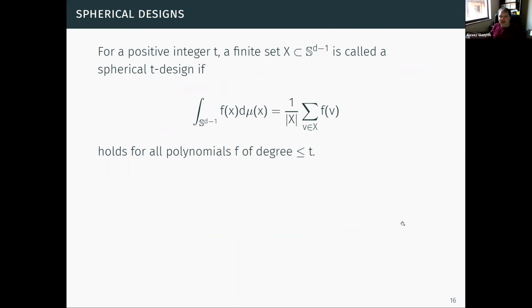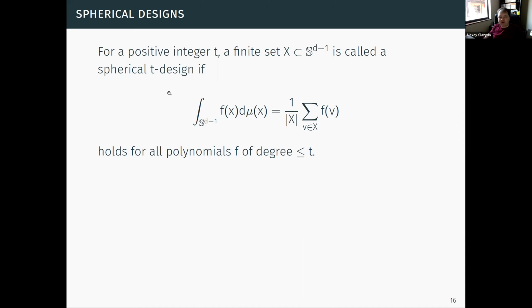So I would like to define spherical designs for that. A spherical design is a finite set of points, so that when you integrate all polynomials of degree no greater than t over the sphere, you get the same as if you average over this finite set of points. So all nice sets you may think about are essentially spherical designs for some strength t.